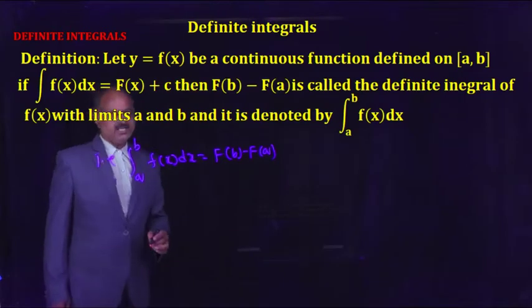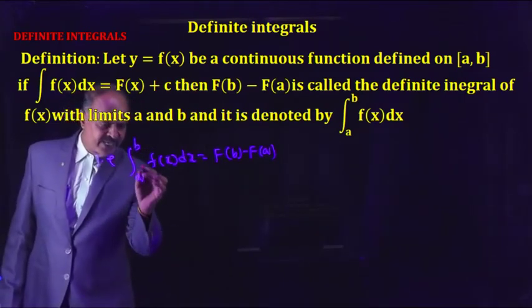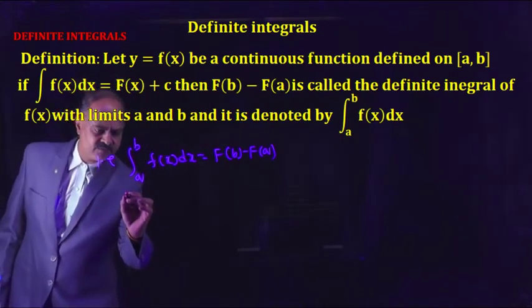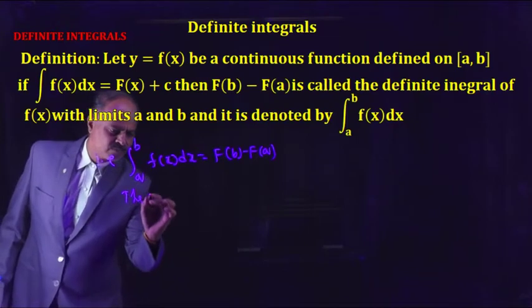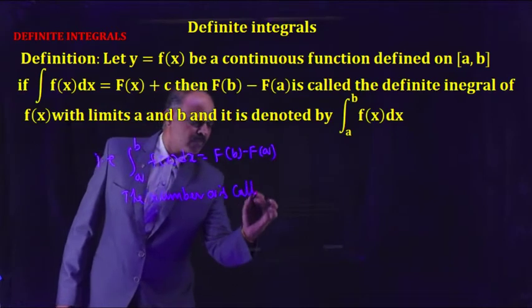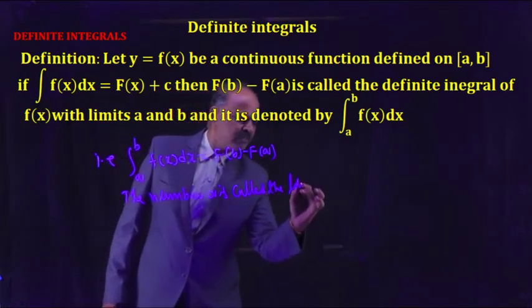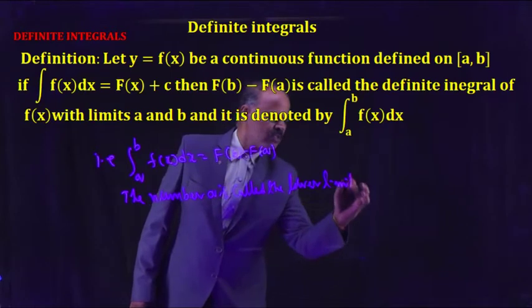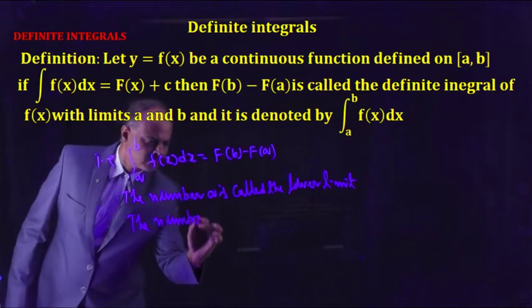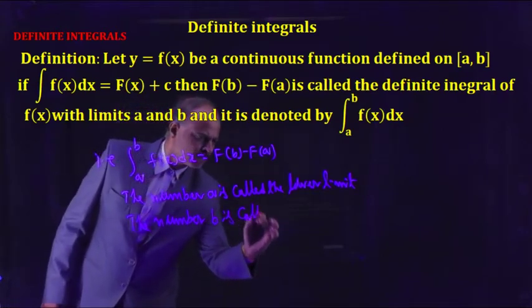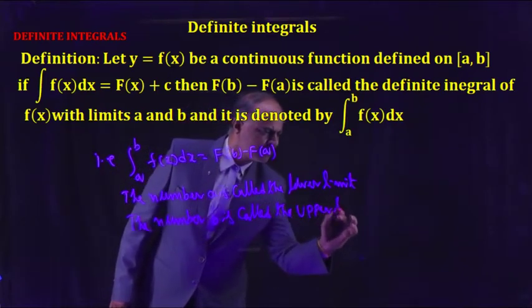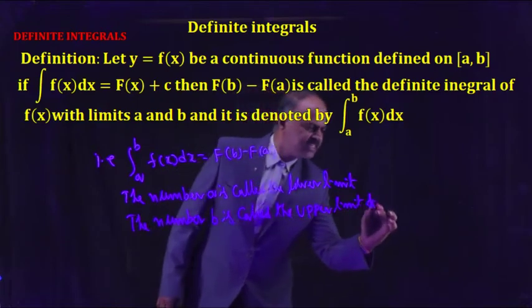Here the number a is called the lower limit and the number b is called the upper limit of the integration.